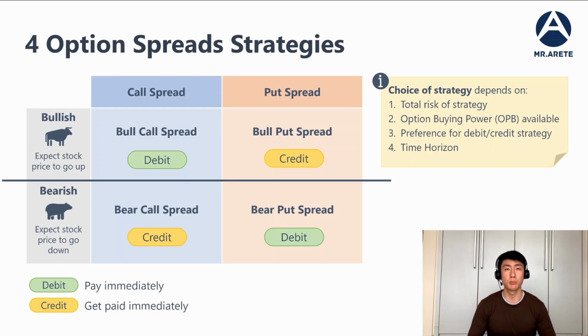Second, what is the option buying power available in your account? This is very important because if your option buying power is too low, it does not make sense to enter a sell strategy. Next is your preference, whether you want to enter a debit or credit strategy, depending on how you want to manage your account and your risk exposure. And finally, the time horizon that you have for your trade.